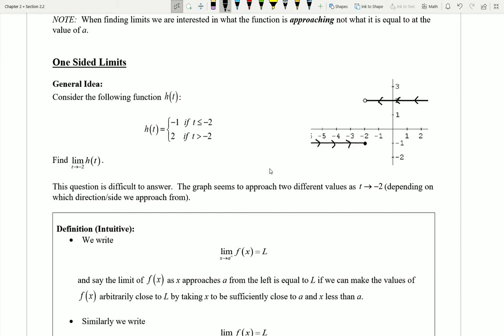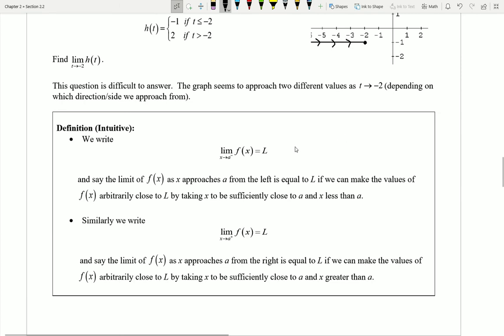And so this is very important and introduces the idea that sometimes I can take a limit or think about giving an answer to a limit by thinking about only coming towards the x or the t value that I'm moving towards from one single side. And so here are the intuitive definitions that we have and the symbols that we're going to be using.